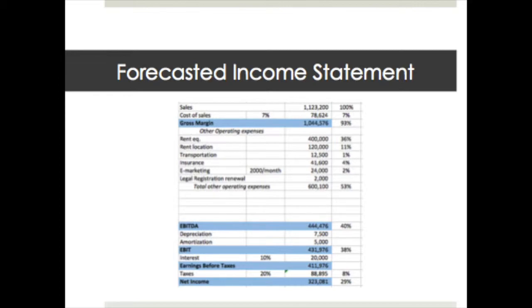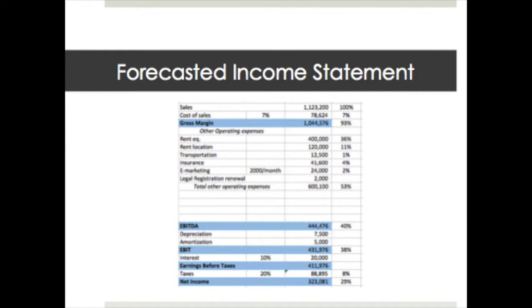Then our rent equipment was 400,000, and we rented the location for the first year with 120,000. The transportation we used for moving the game cost us 12,500, and we paid an insurance of 41,600.